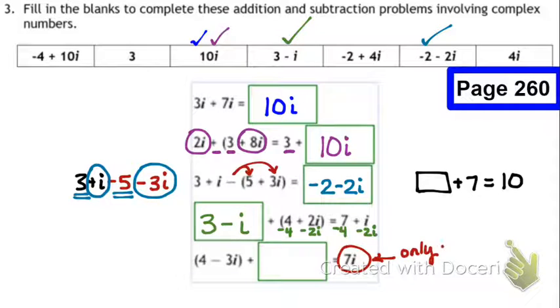So this is only imaginary. Over here on the other side of the equal sign, does that part inside the parentheses have a real part? Yes. But the answer doesn't have a real part, so what does that mean happened? It needs to be canceled out, so it should be subtracted 4. Yeah, this has to have a minus 4 because it obviously canceled out because it's not part of my answer over here.